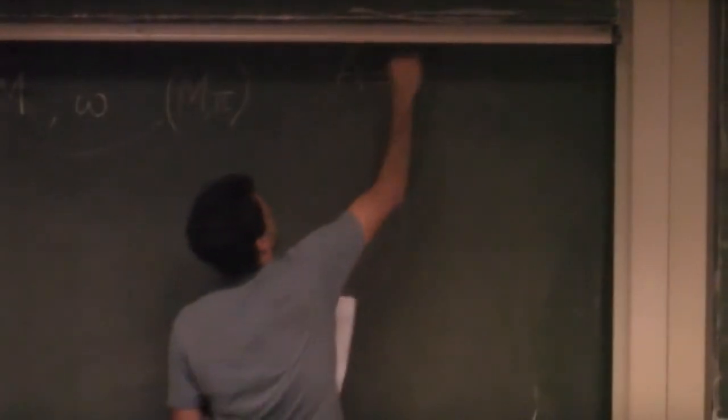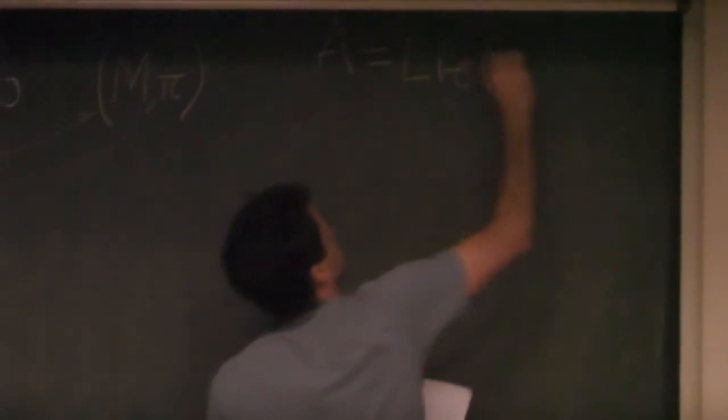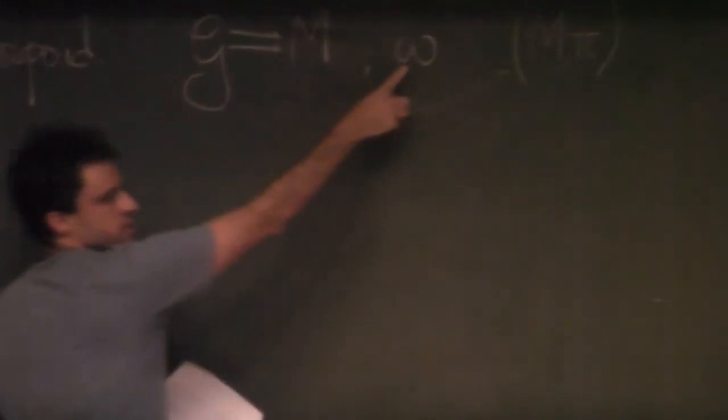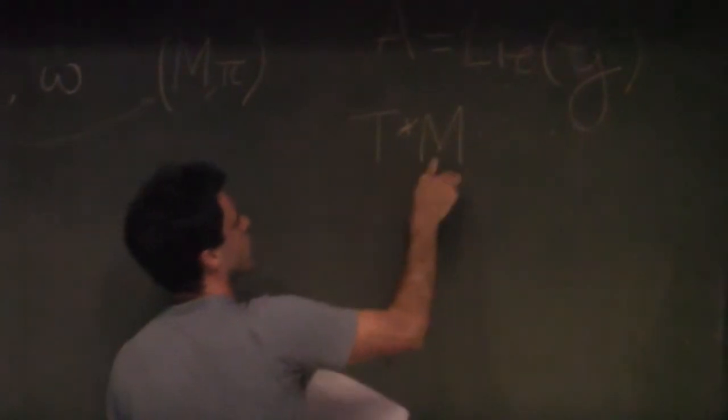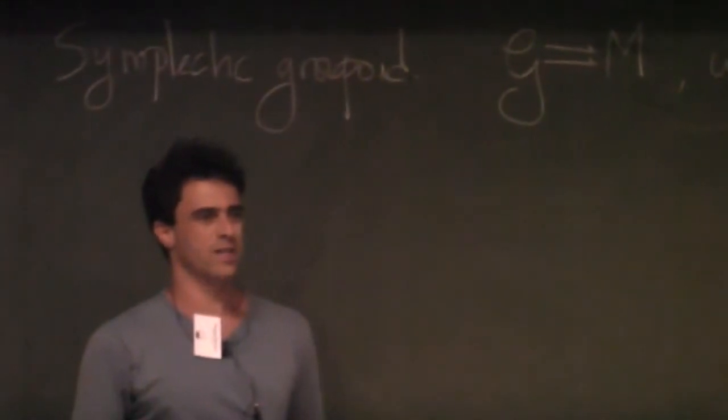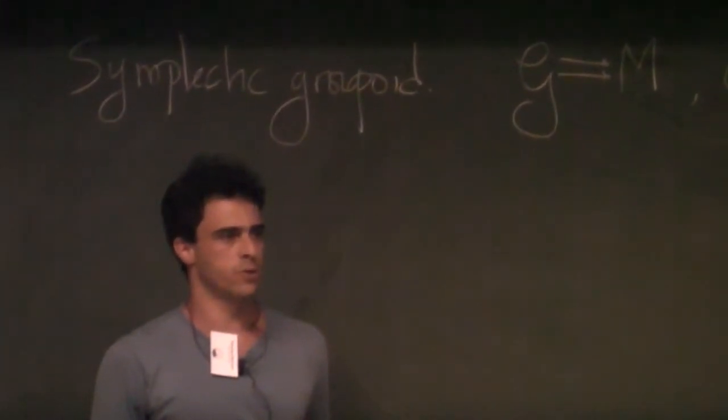You have first the Lie algebroid associated with the groupoid, which in principle has nothing to do with the symplectic structure. There's just a Lie algebroid there. And because I have an induced Poisson structure on the base, I have a second Lie algebroid in the picture, which is just the cotangent bundle of the base with that Lie algebroid structure. So given the symplectic groupoid, I have two, in principle, Lie algebroids around.